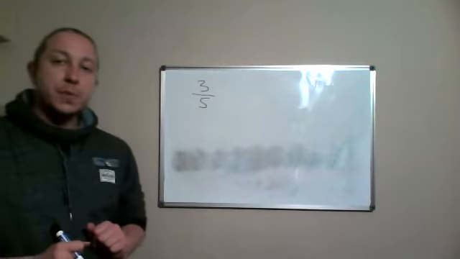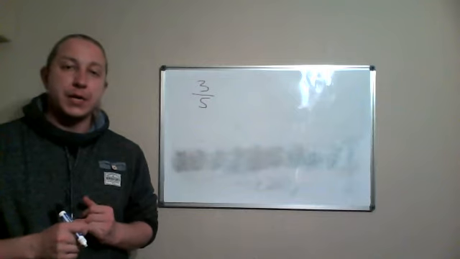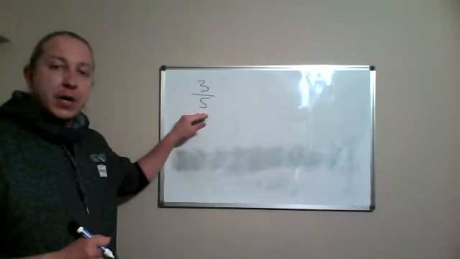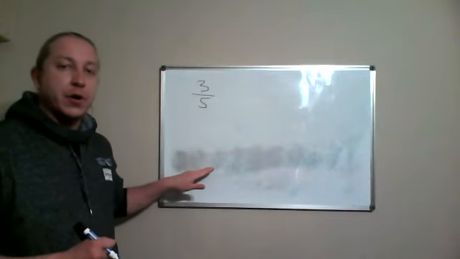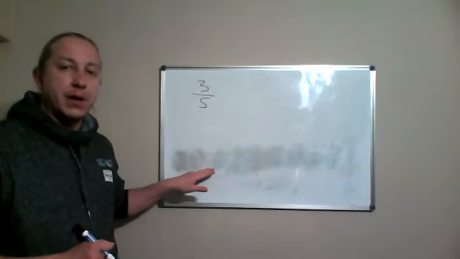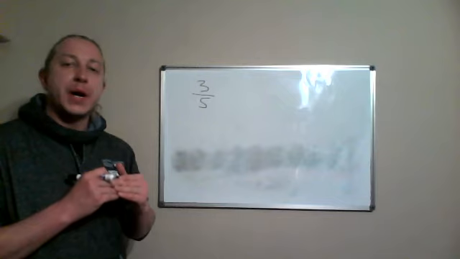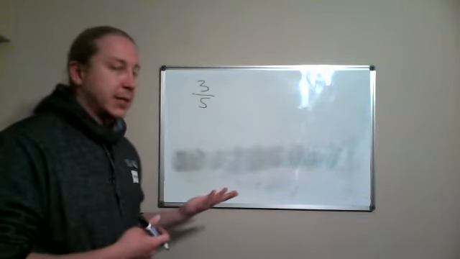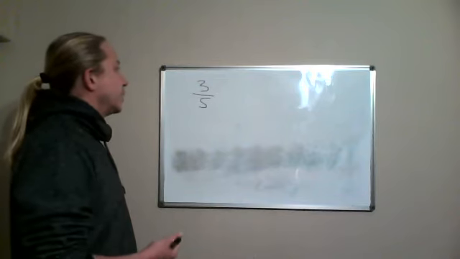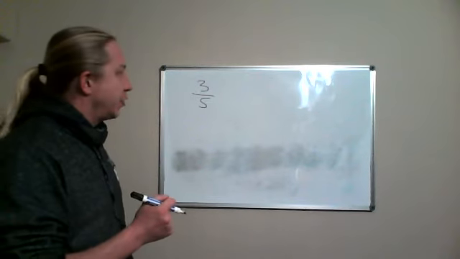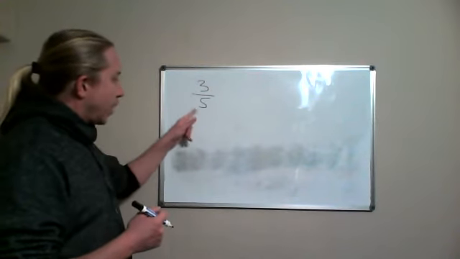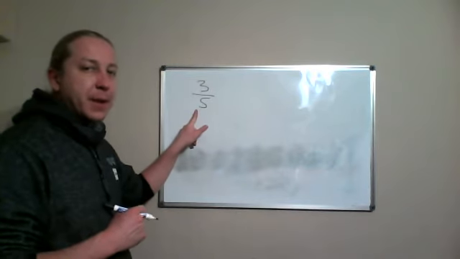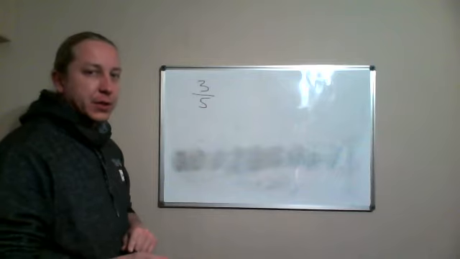To turn this into a percentage, one way to do this is to get a denominator of 100 and then work it out and then convert it to a percent by multiplying by 100. Because anything with a denominator of 100 can easily be turned into a percentage, because that's what it really is. Percent is a value over 100. Okay. So what I was trying to say is that we can turn this 5 into 100 by multiplying by 20, like we did in the previous example.